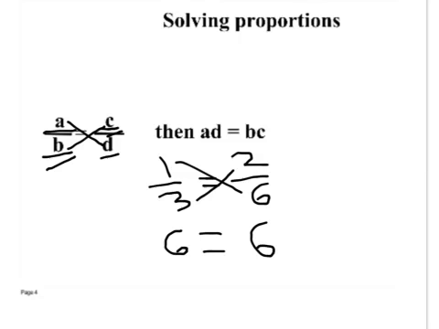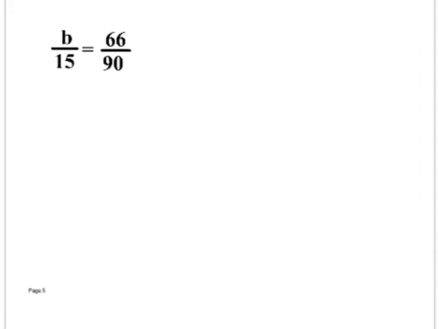So we know this is a true statement. They're going to give us a problem like this, where we know b over 15 is proportional to 66 over 90. We just don't know what b is. We need to know what number b is to make this proportional to 66 over 90. We know they're proportional. We just got to figure out what b is.